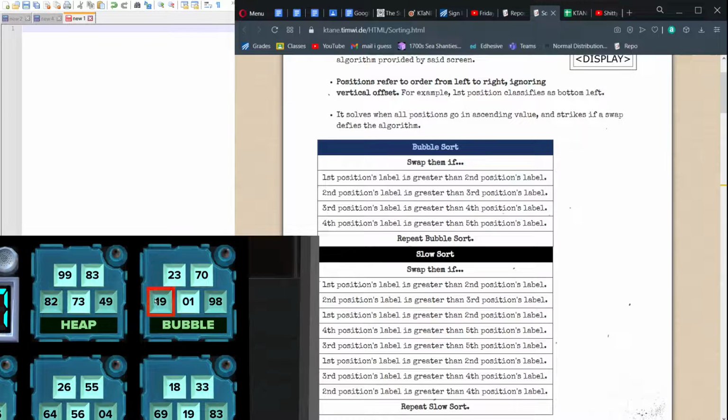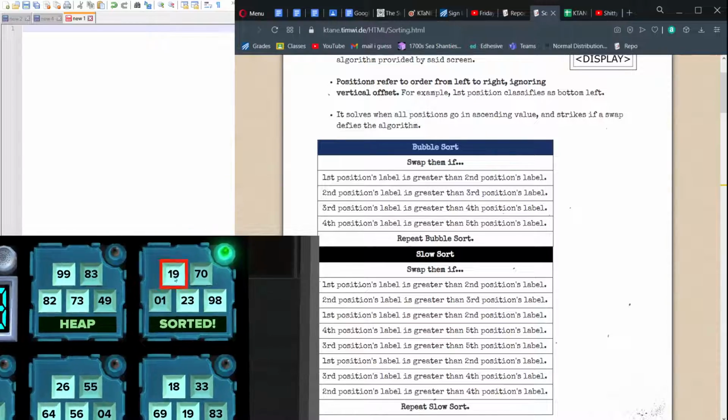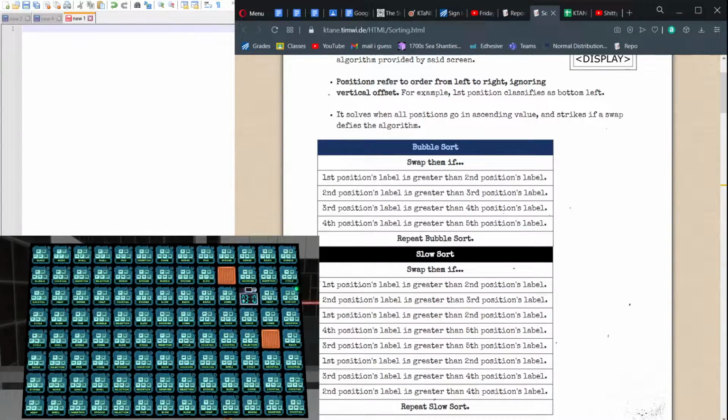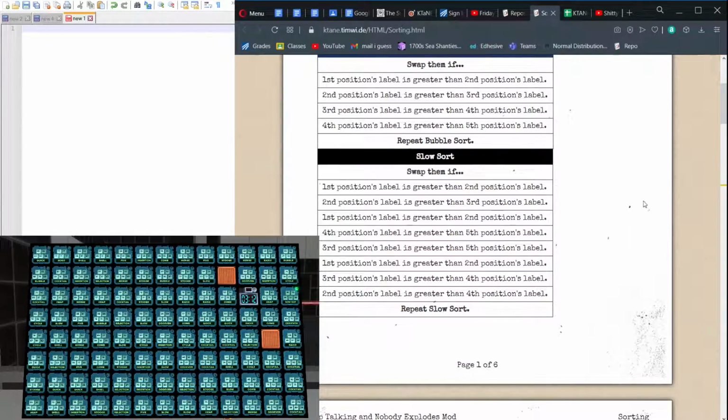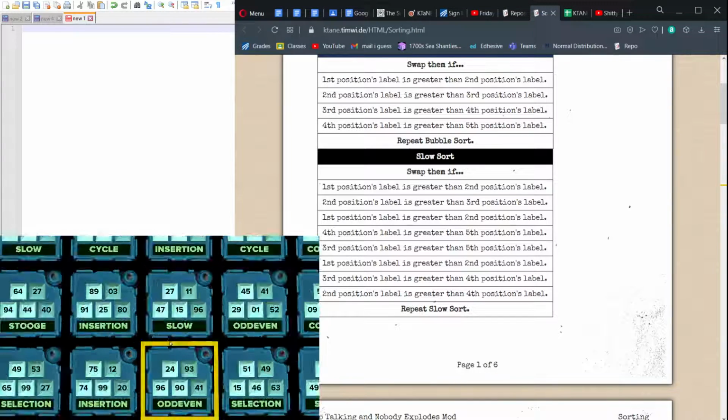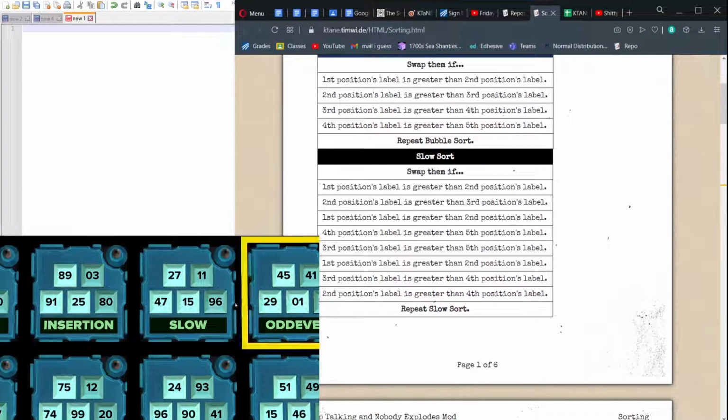And again, we go back to the beginning. 19 is not greater than 23, but 23 is greater than 1, so we do that. Then we have 19 and 1, and obviously we just swap those two. And that's bubble sort.